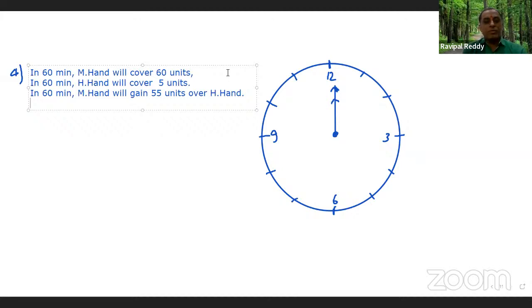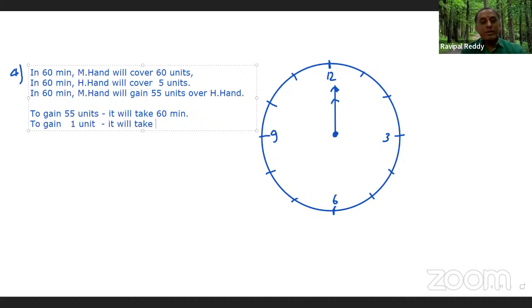Same statement in reverse order: to gain 55 units, it will take 60 minutes. So to gain 1 unit, it will take 60 by 55, which is equal to 12 by 11.